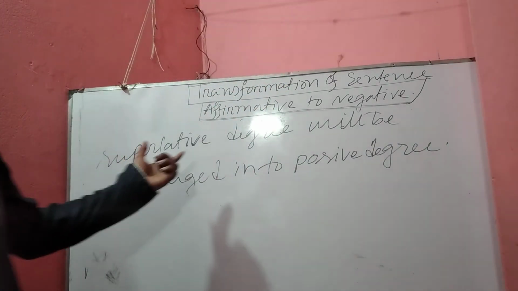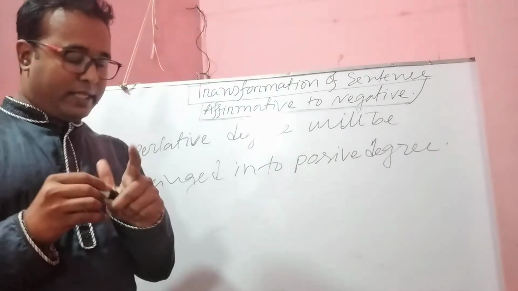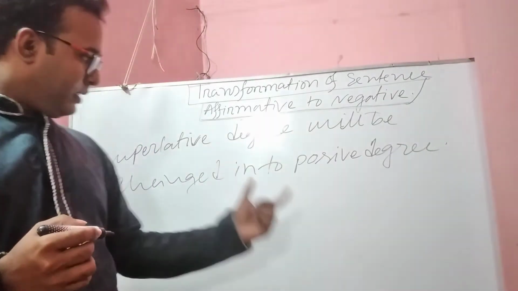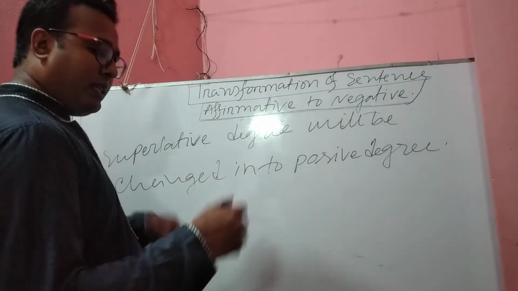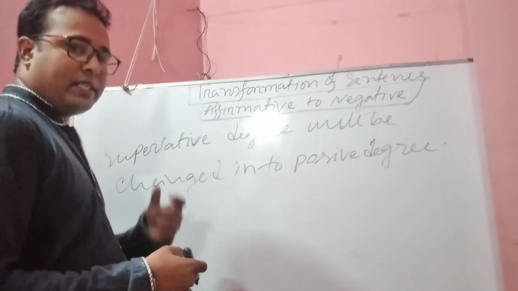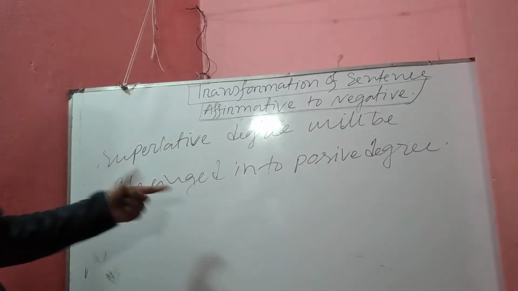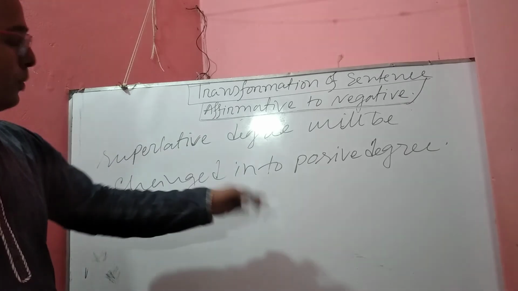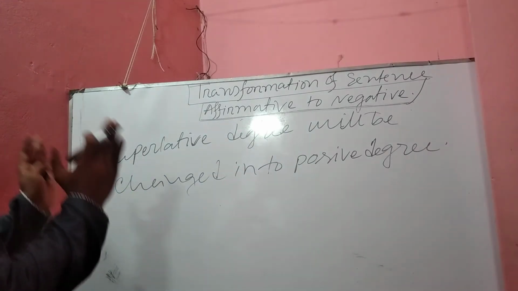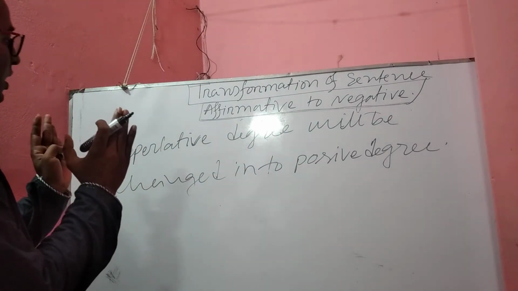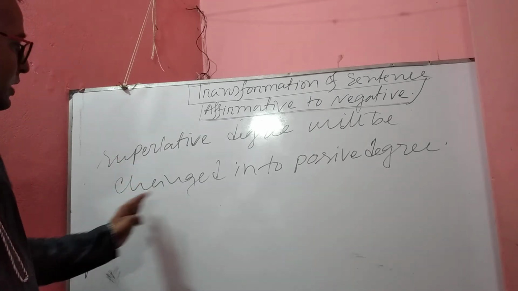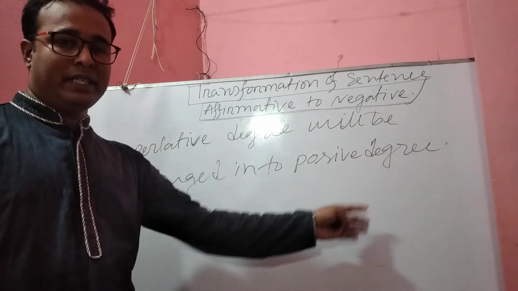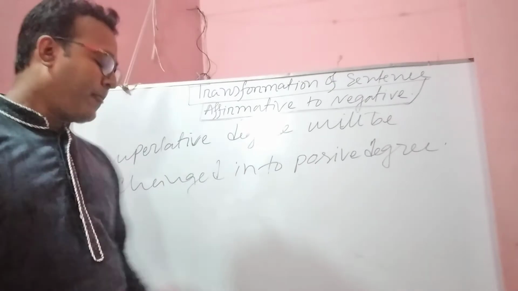If you find any superlative degree and in bracket, it is said that you have to change it into negative, then you have to change the superlative degree into positive form. That means if you find a sentence that is superlative degree, then you have to change it to positive. That means positive degree is also a negative sentence. Okay.